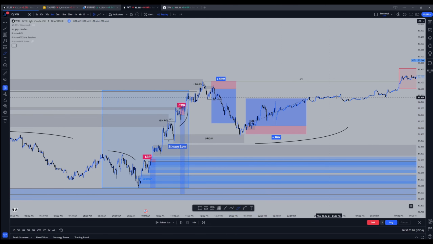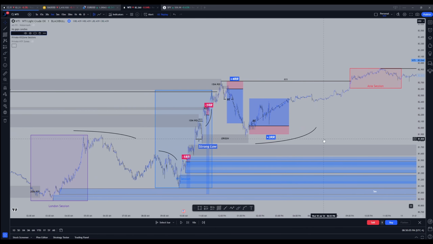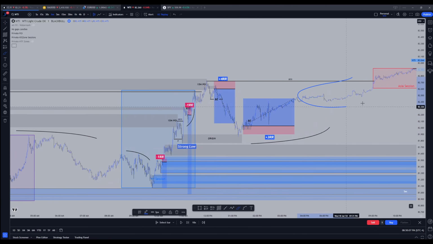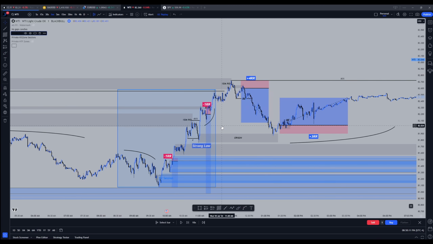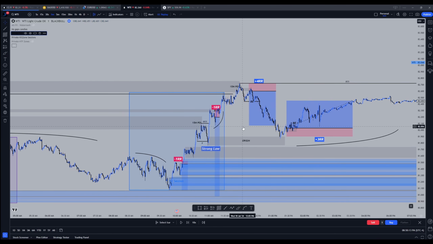So after 2 p.m., typically we don't get much volume in oil whatsoever. It's dead, right? So that is why I didn't mind taking these trades outside my kill zone. And also my kill zones are not a specific thing, right? I'm not only taking trades within this time frame.